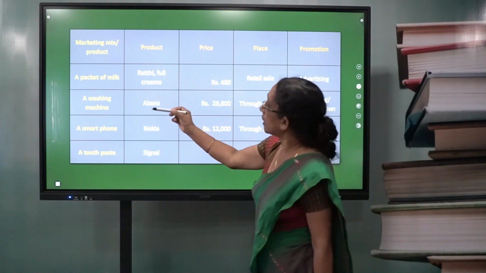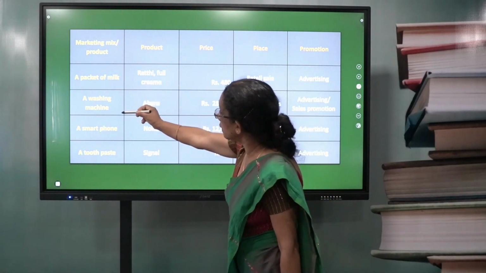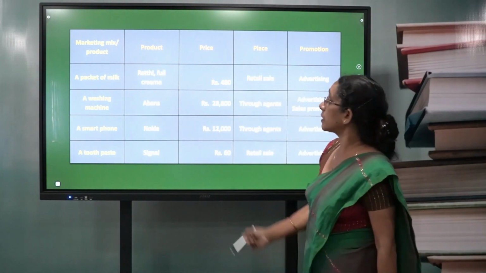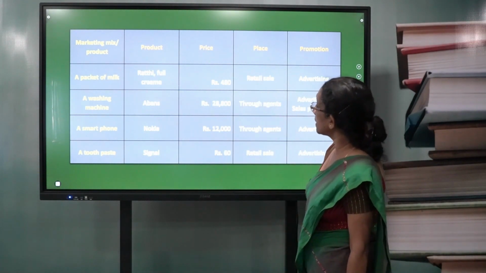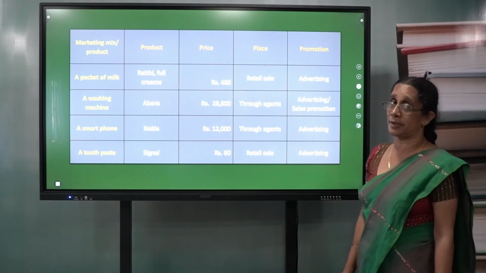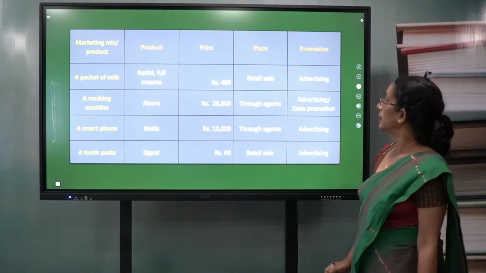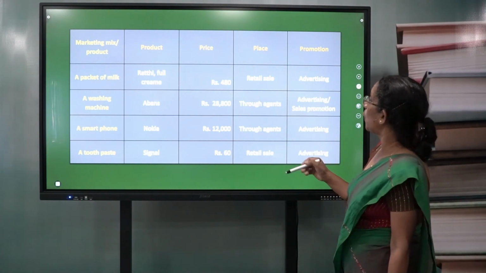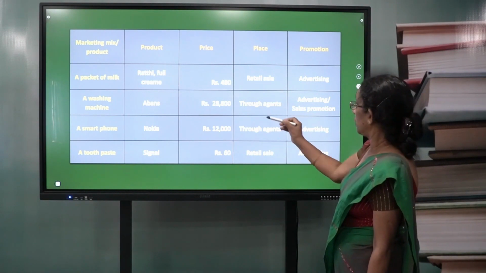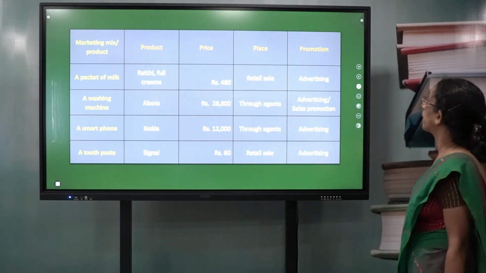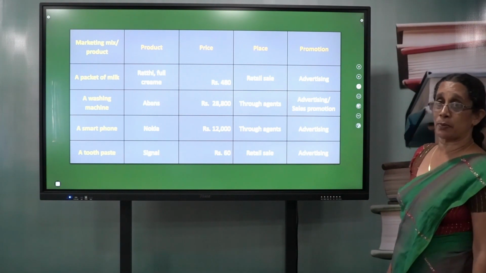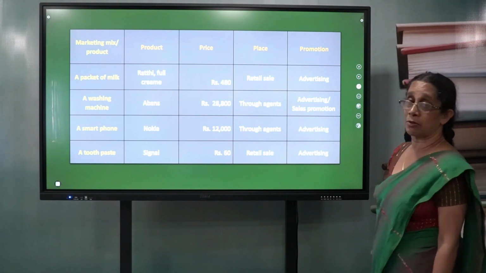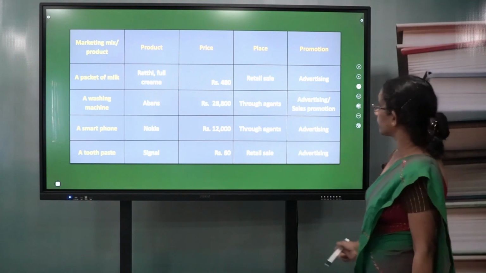Then the washing machine, product with the brand Abans, then price 28,800, you can assume a price, place through agents, promotion, that is advertising or sales promotion, sometimes personal selling also can be used for this.